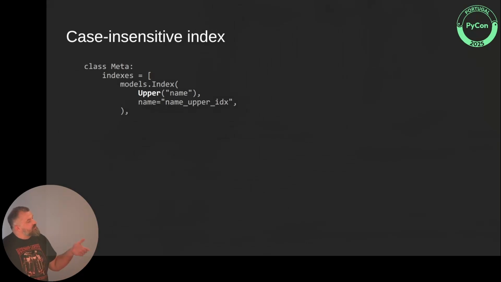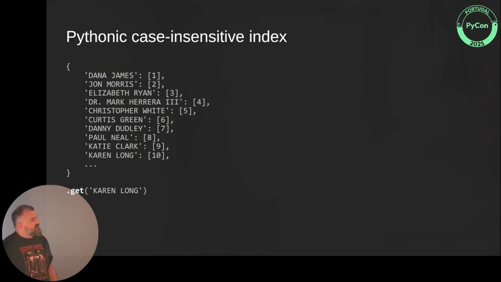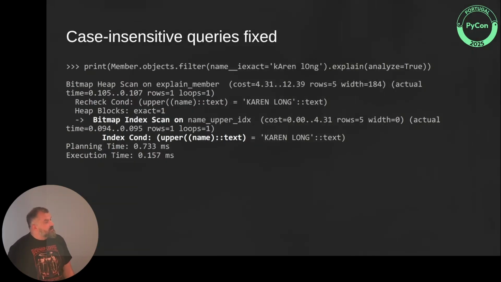So we are creating an index that is upper on the name. What we essentially are doing is creating an index with all uppercase keys. And then, of course, this lookup will succeed. And indeed it does. It uses the right index condition, it finds the newly created index, and it's great.